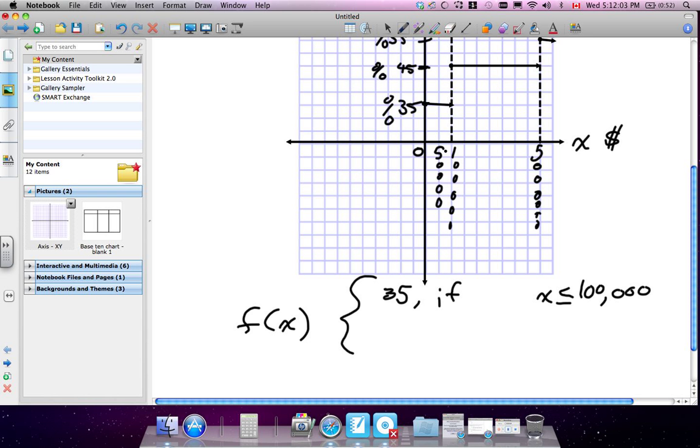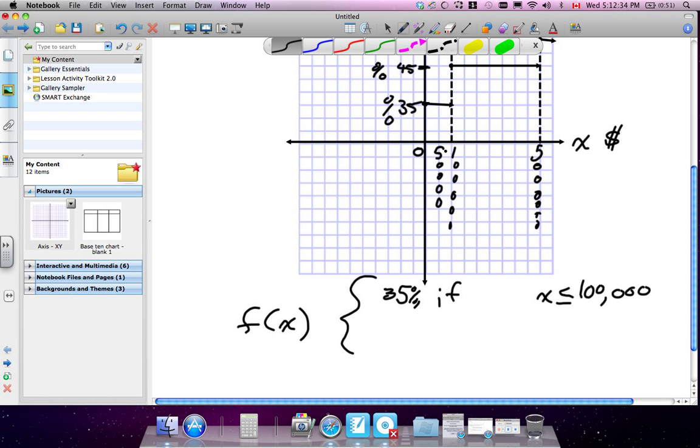Yes. Really? So if the government owes me money, sorry, if I lose money, I still have to pay the government more? No. What's the cutoff? When x is less than 100,000, what was our starting point when we made this piecewise function? $100,000 was our endpoint for the first line.